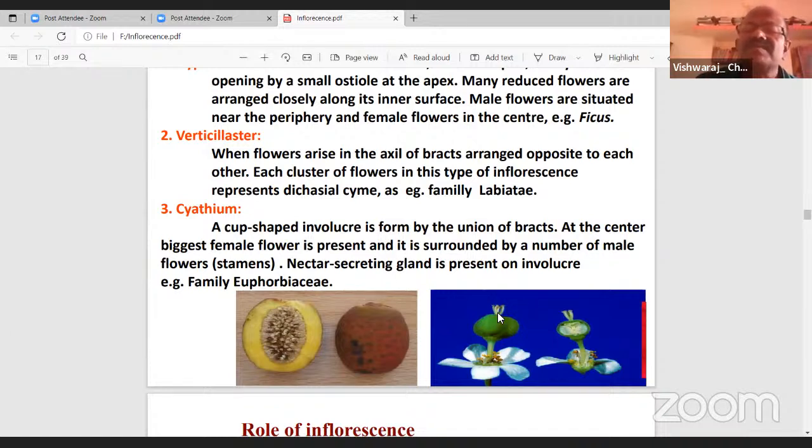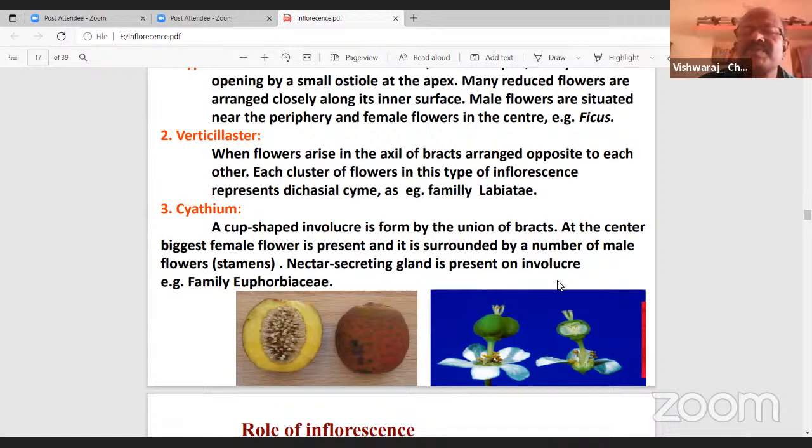At the center, the biggest female flower is present, and it is surrounded by a number of male flowers.